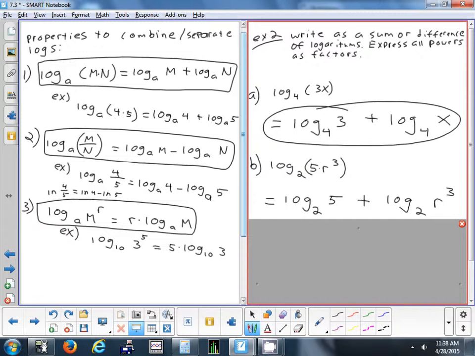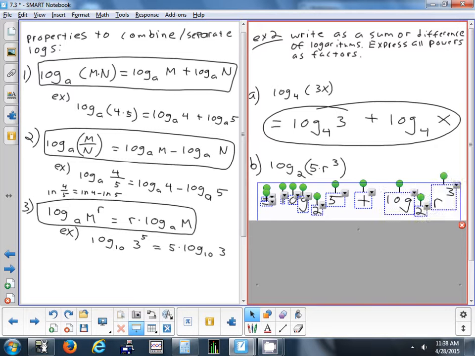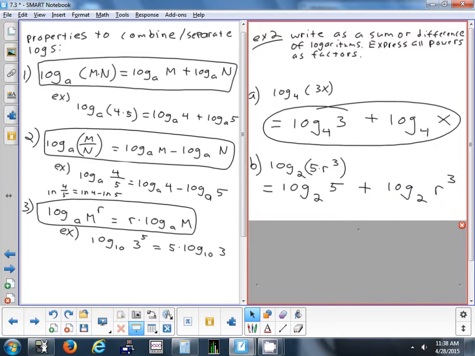But now the second sentence in the directions tells me to do something very specific. Do not leave exponents. Take all powers and write them as factors. Are there any powers here that I can move to the front? Third. The 3. So that's the last step. Okay, so rewrite it. First part, that one was fine.